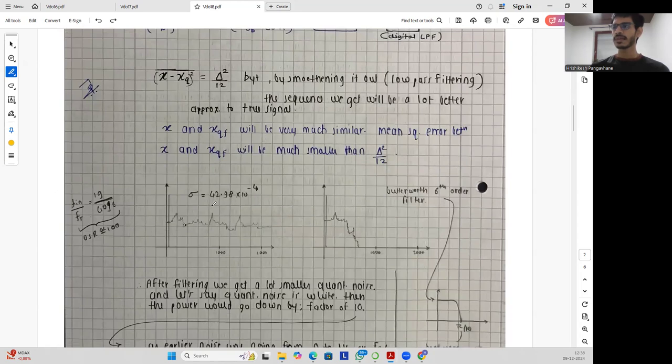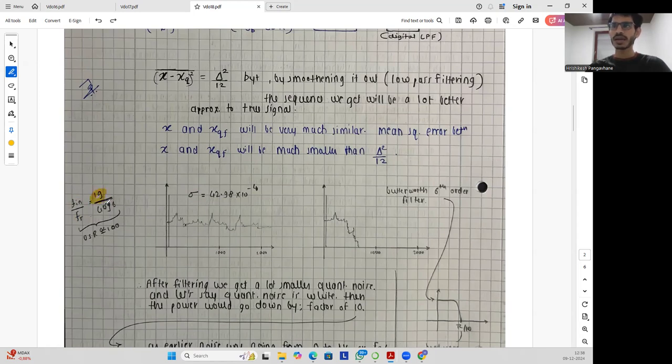So this is what we are talking about. This is our input, and we have a broadly spread noise, which we said is delta square by 12, the mean square value of that noise. If we take this particular case where fin by fs is 19 by 4096, what do you think, guys? Let's say 19, round it off as 20.